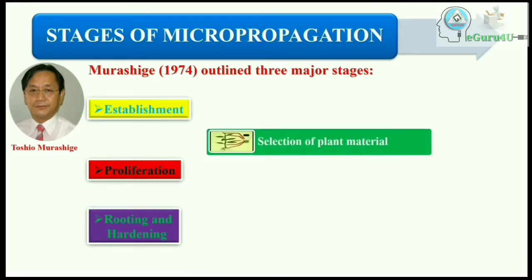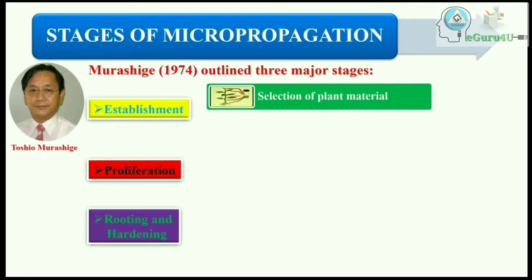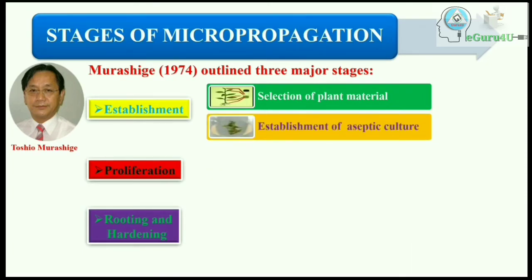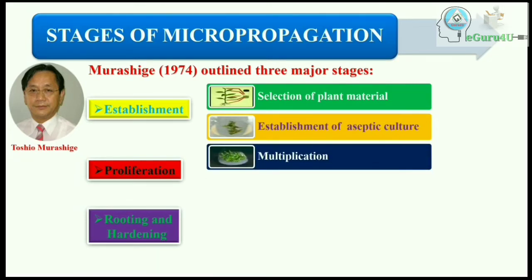These 3 stages involve 1. Selection of plant material, where a healthy mother plant, free from disease and insect pests, is selected, from which explants are excised. 2. Establishment of aseptic culture, where explants are surface sterilized and transferred to artificial nutrient media aseptically. 3. Multiplication of shoots. Here, shoots are multiplied by subculturing. 4.